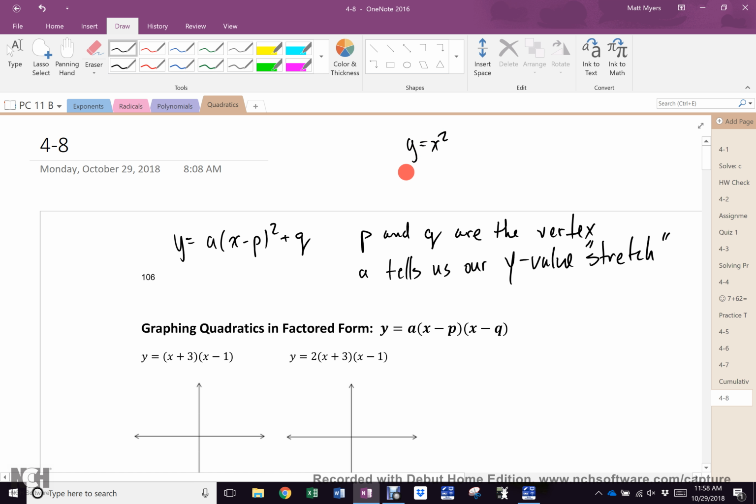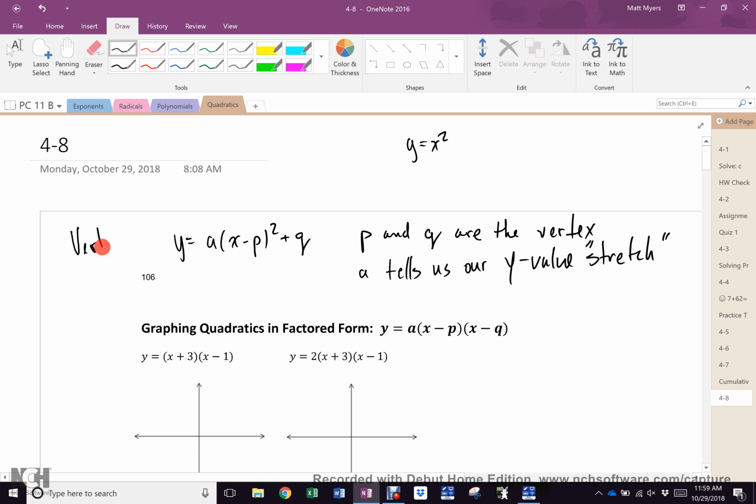Notice this is in a slightly different form, correct? I still see p and q, but the x is no longer squared. So this will give us different information because this is a different form.